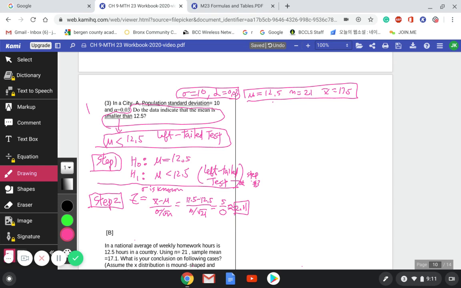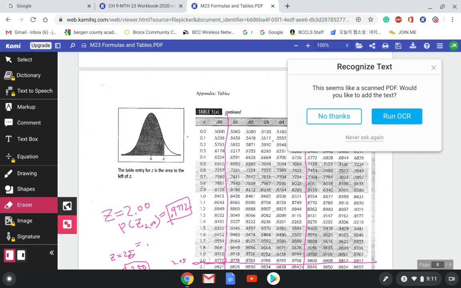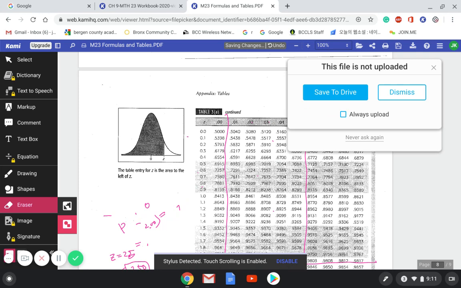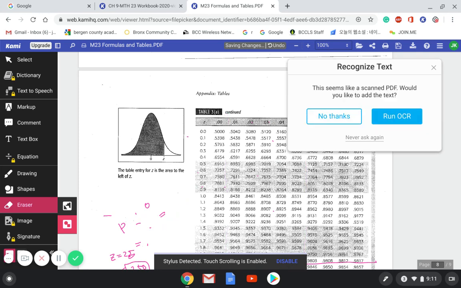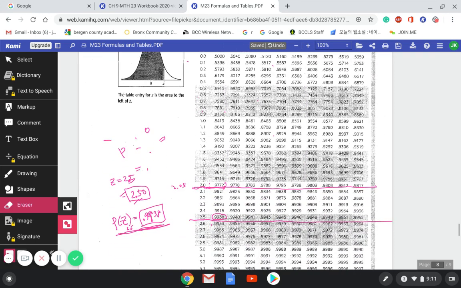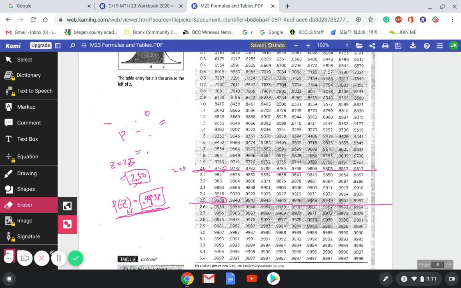So when you do that, now you have to go to step 3. Step 3 is going to the table with a z-value 2.11 and finding the probabilities. So 2.11, where is the 2.11? .11 is here.